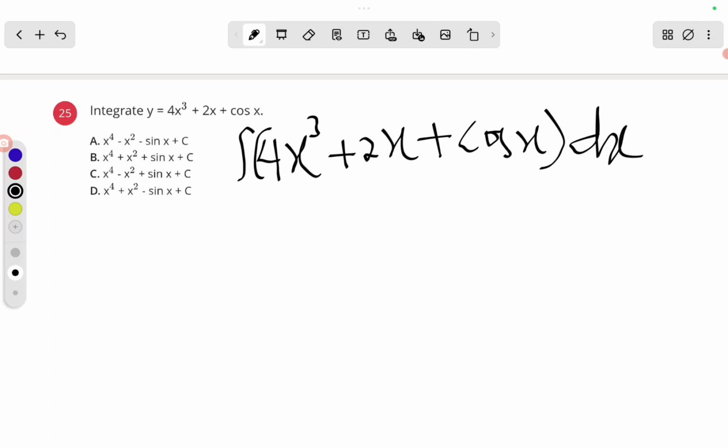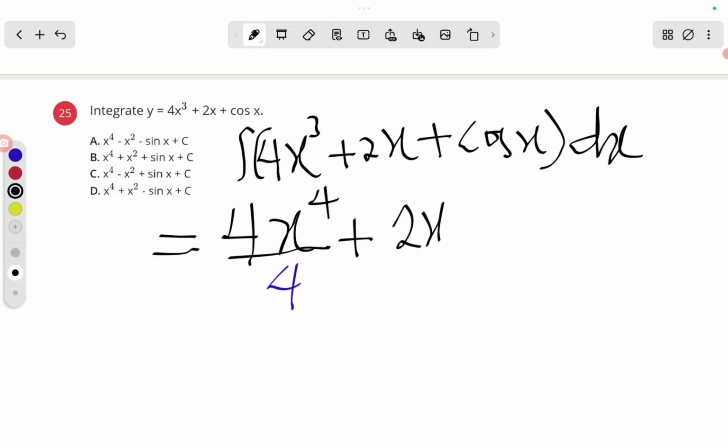If I integrate 4x to the power of 3, we add 1 to the power: 3 plus 1 is 4. Then divide by the new power, which is 4.